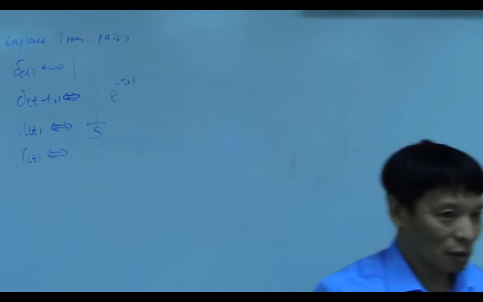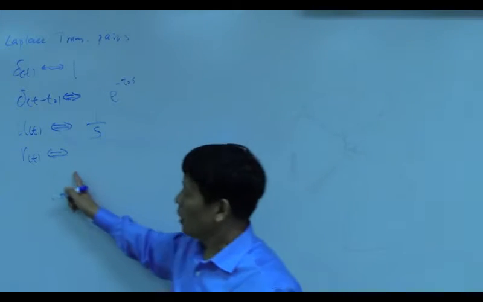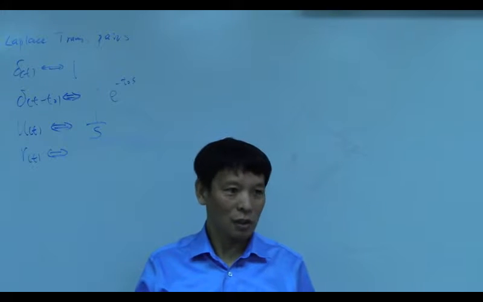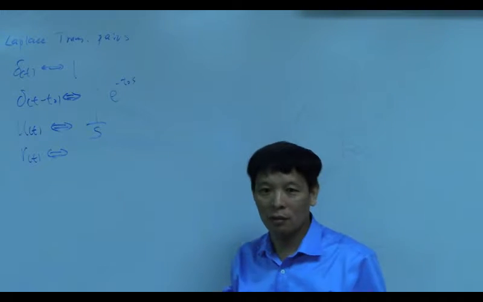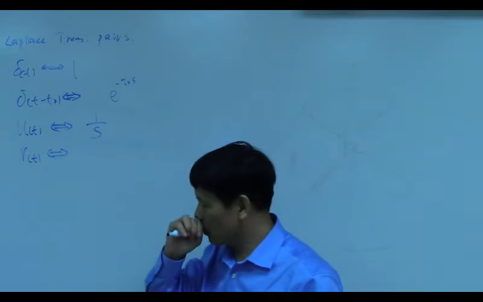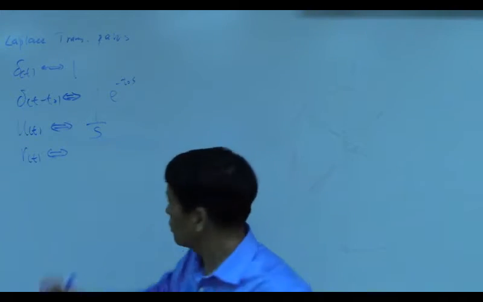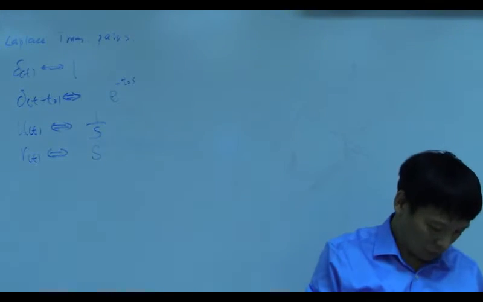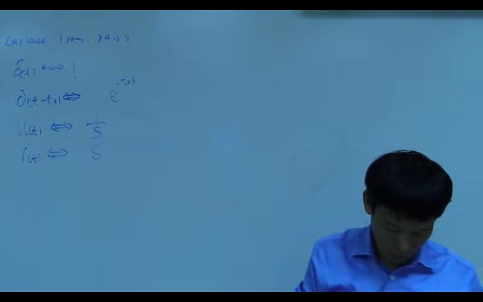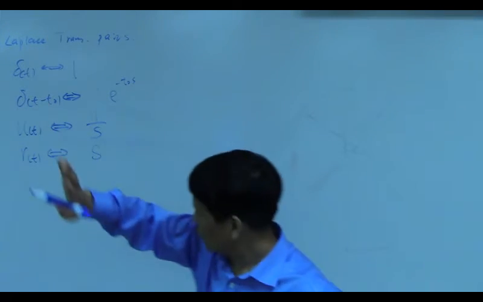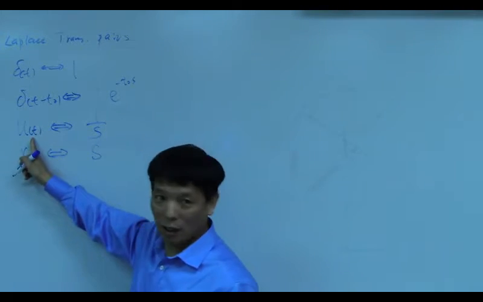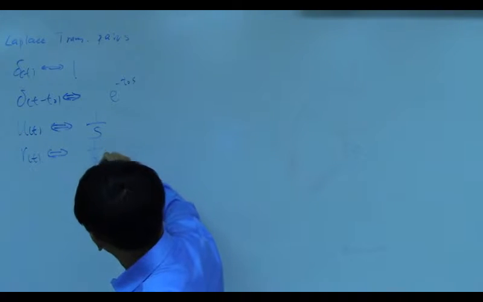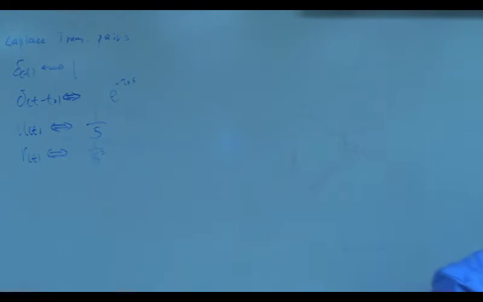Differentiation gives us the Laplace transform multiplied by s, minus terms related to the initial conditions. Oh, sorry, no, what I said is wrong. r(t) is the integral of this one, so we need to divide by s again. So that's 1 over s squared.